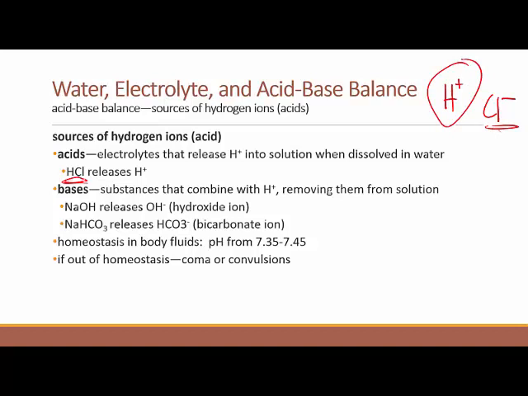That is what an acid does: it produces hydrogen ions when we put it into water. And so when we are measuring pH, the H part of pH is all about hydrogen ions. We're looking at the count of hydrogen ions per volume of the solution.